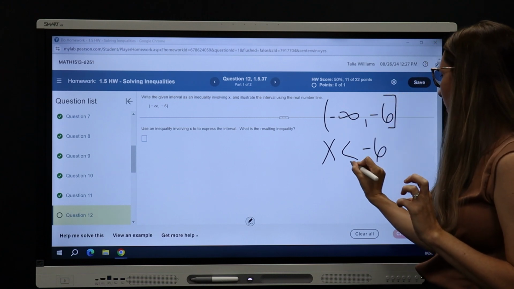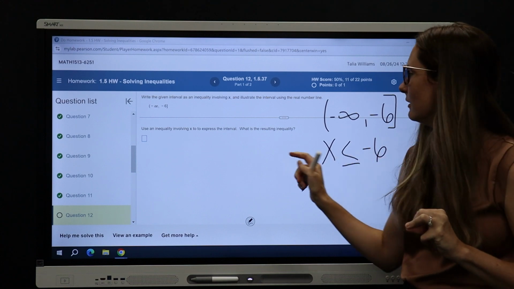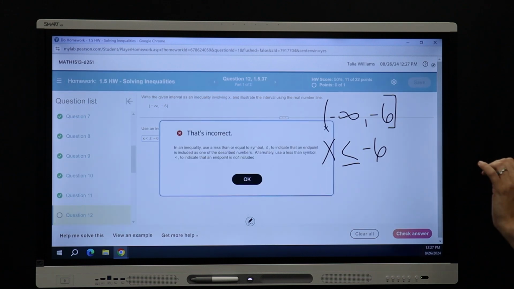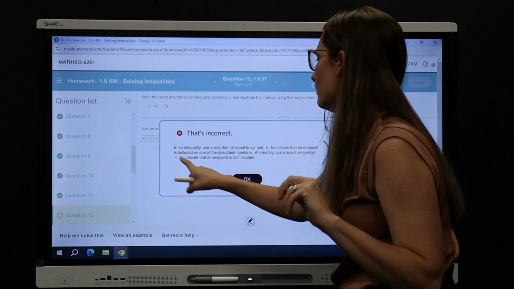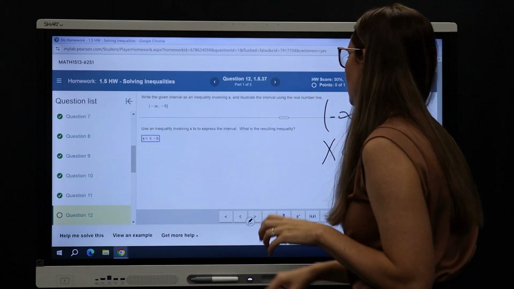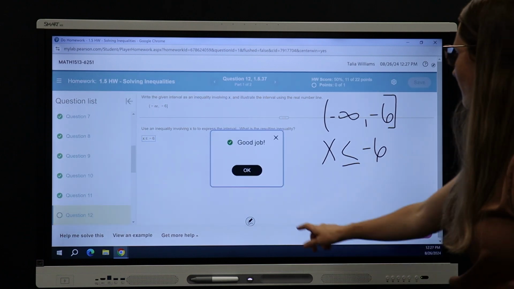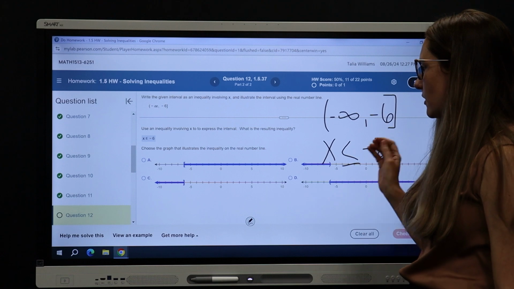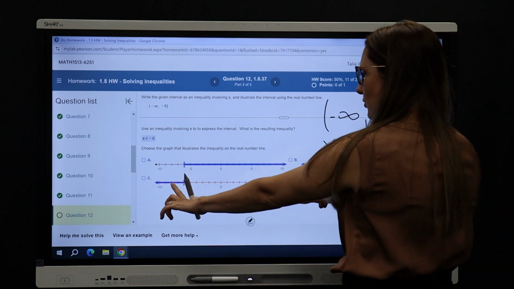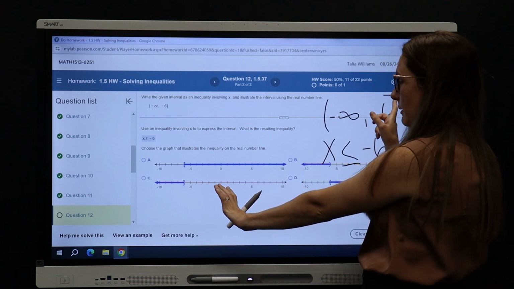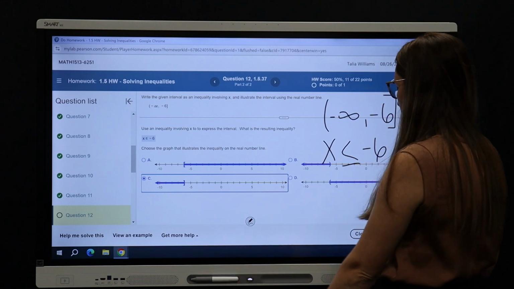This -6 has a bracket, so it has an equal to sign. x less than or equal to -6. Now our graph is coming from -infinity, so these are the two graphs that come from -infinity, and we need the one with a bracket because ours is equal to.